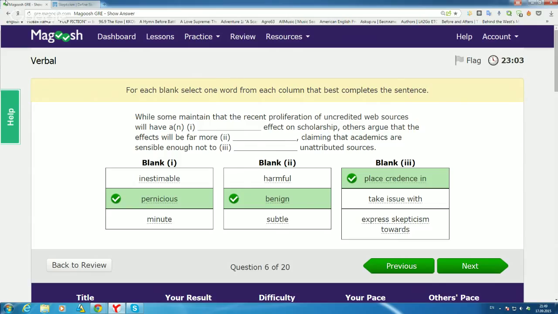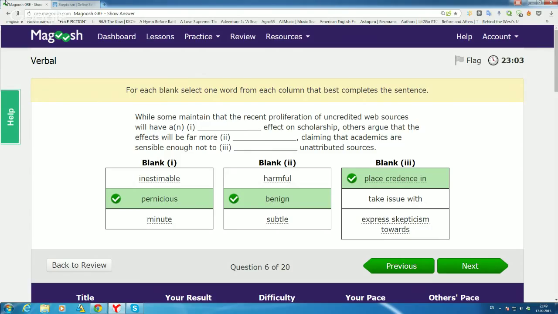Yes, because the sources are unattributed. If the sources are unattributed, they have to doubt them, don't they? Yes. So it doesn't make sense to say that they are smart enough not to doubt.